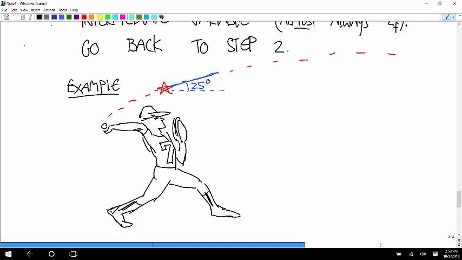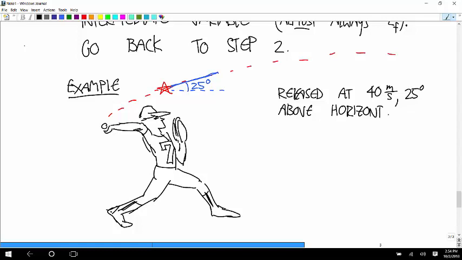And at the instant it's released, so let's say it's released at 40 meters per second, 25 degrees above horizontal. And we want to know how far will the ball travel horizontally before it hits the ground. So basically, how far does he throw it before it hits the ground?